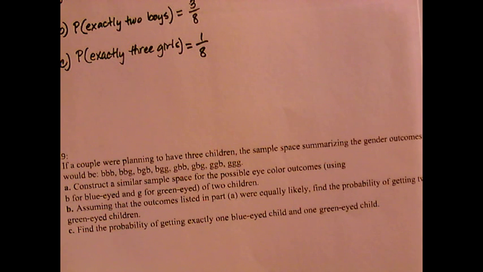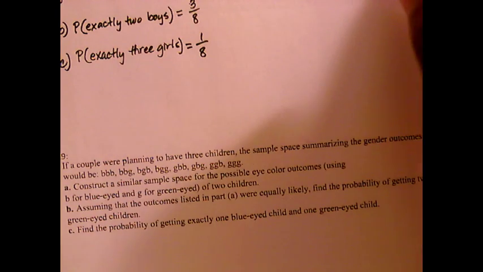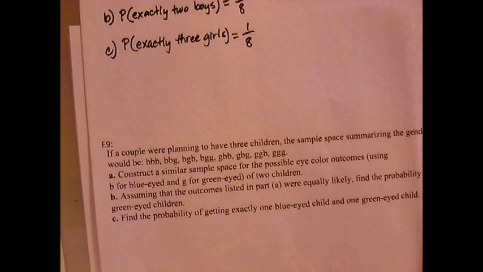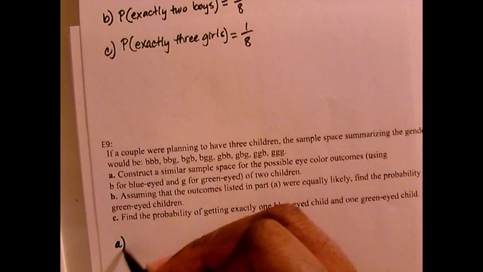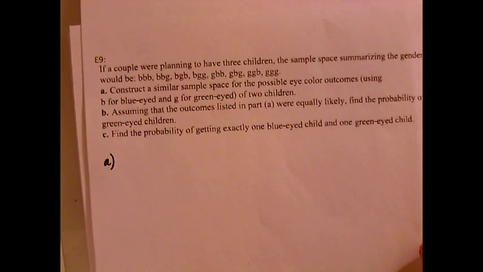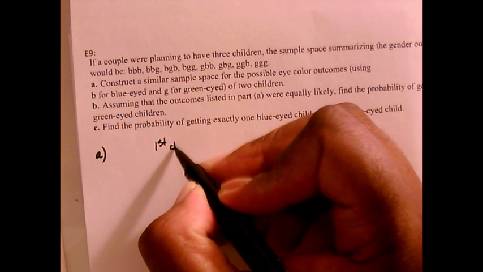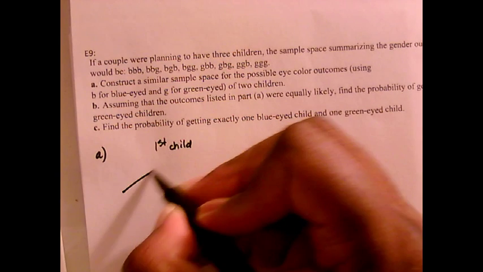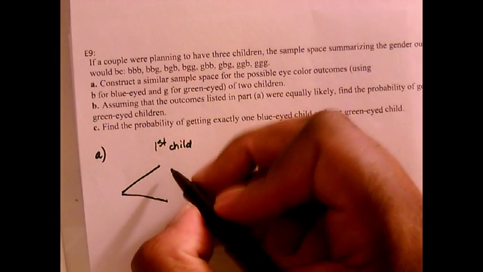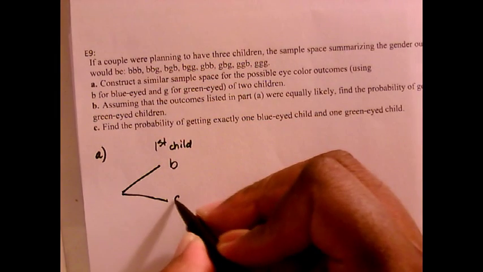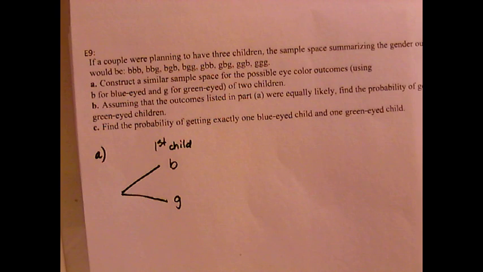Now you want to construct a similar sample space for the possible eye color outcomes using B for blue-eyed and G for green-eyed. Okay? And this is for 2 children. So here, for the first child, you're either going to have someone that has blue eyes or green eyes.